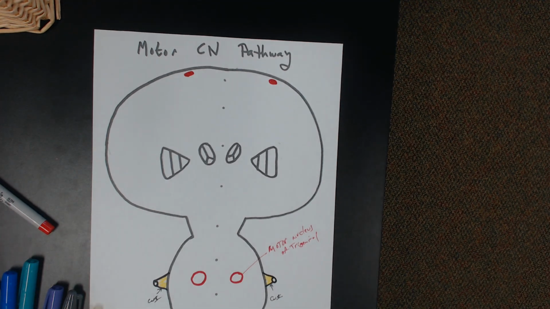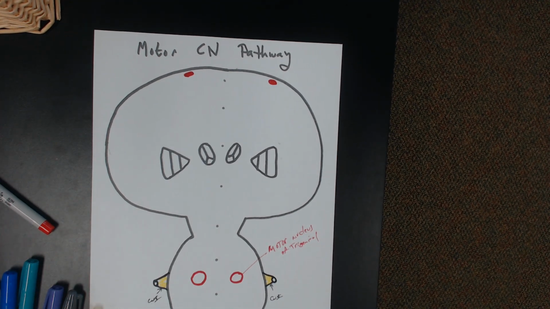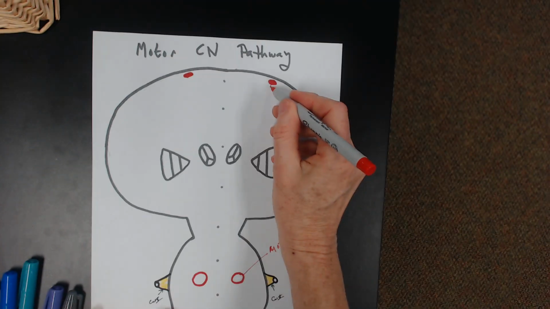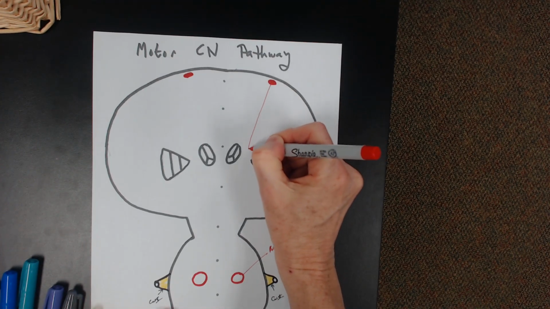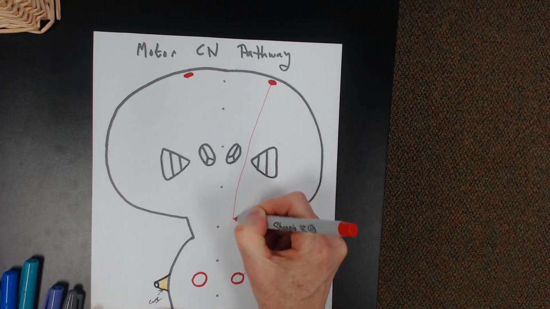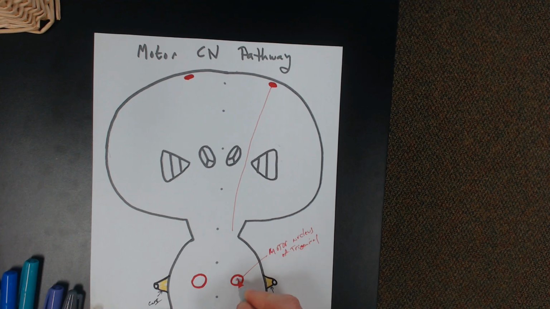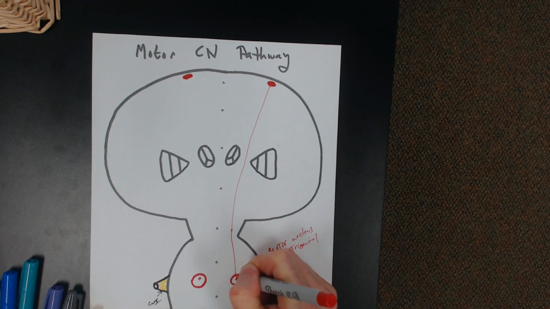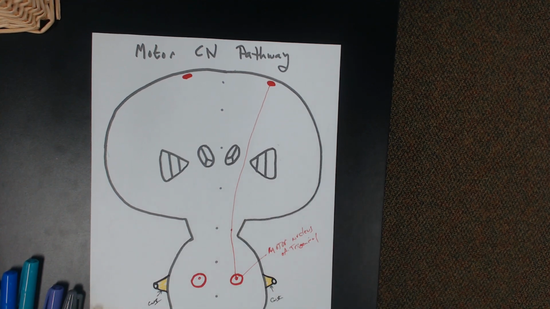We'll just start with one side. That upper motor neuron is going to send out axons that travel here through the internal capsule, and it's going to synapse with its lower motor neuron. It's going to synapse with the lower motor neuron ipsilaterally.